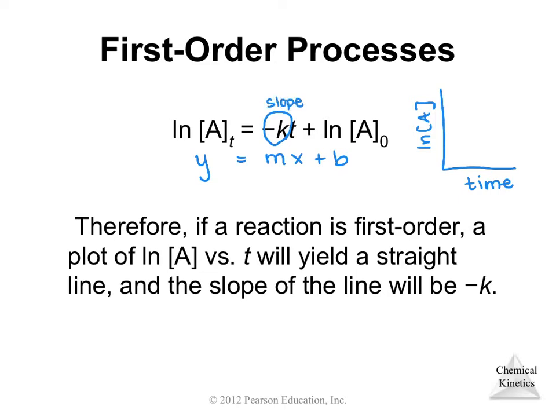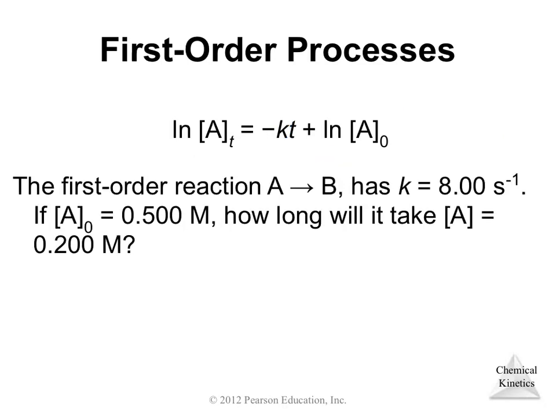So we're able to find the rate law constant, again, from the slope of our line. So a graph is going to look like this, okay? We can use the equation of a line from a first order process to predict either the time that we'll reach a certain concentration or after a certain amount of time what our concentration will be.